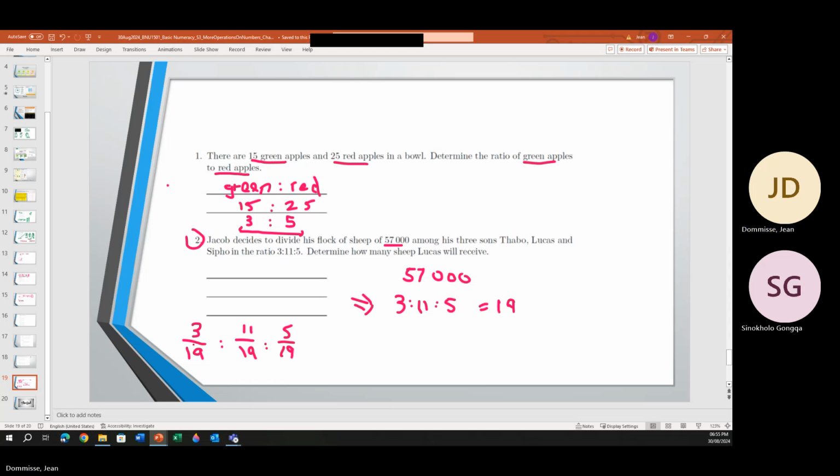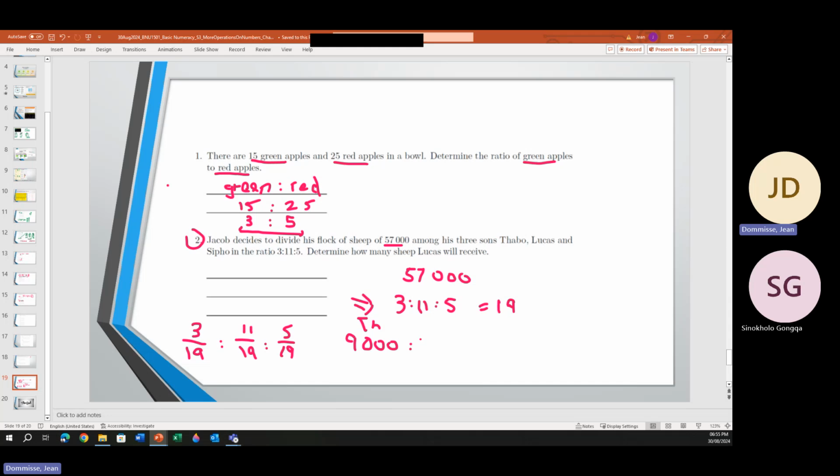So how I would work it out is to say, okay, 3 divided by 19 times 57,000. That gives me 9,000 for Tabu. Then the 11 for Lucas is 11 divided by 19 times 57,000.